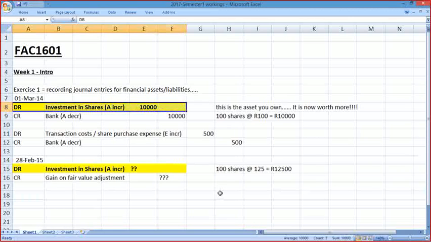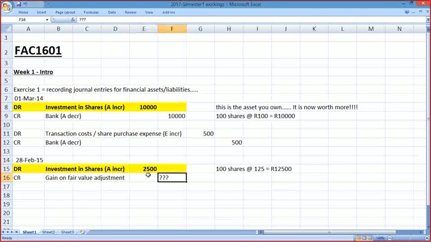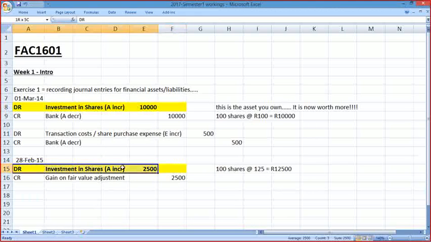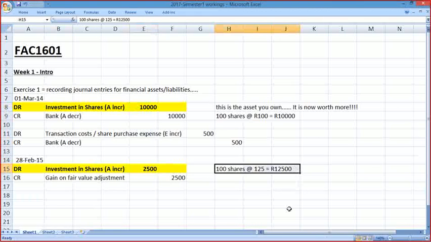The 2,500. Yes, there we go, the difference. Okay, because now this, which occurred at the beginning of the year, and this, which happened at the end of the year, makes up that, which is the total at the end. Does that make sense? Yes, it does.